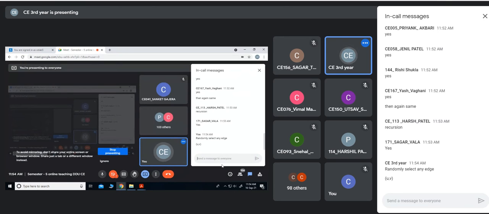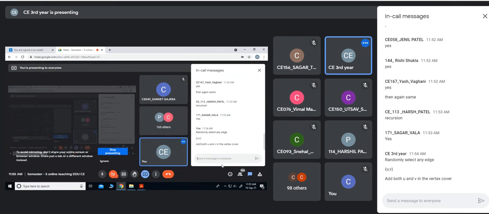Any idea? Randomly select any edge, no criteria. And what I do is I add both u and v to the vertex cover. So initially the vertex cover is an empty set. I randomly select any edge and I add both the endpoints of that edge to the answer.